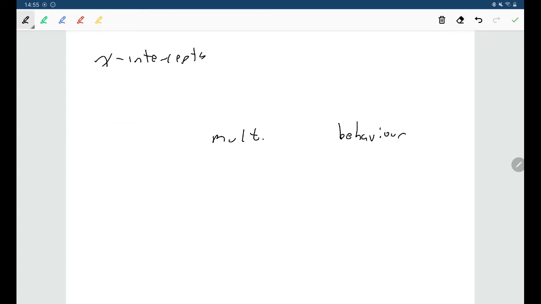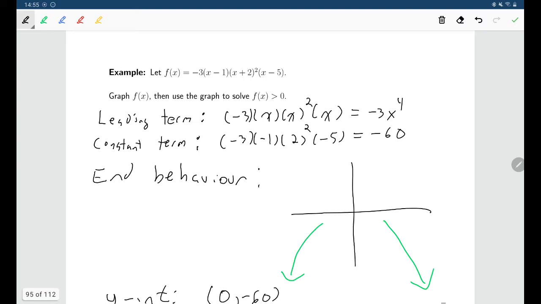So the first thing for us to do is to go back and find what our x-intercepts are. For our x-intercepts, we're letting our polynomial be equal to 0, and it's easy enough to see that there are 3 different x-intercepts. One of them will be at (1, 0), the other one at (-2, 0), the other one at (5, 0).